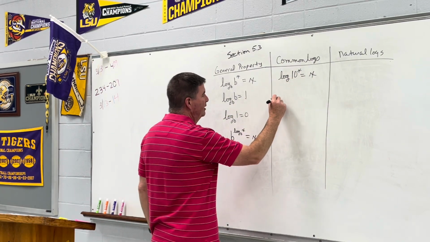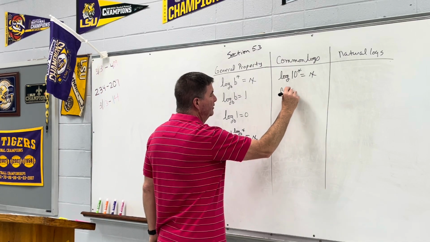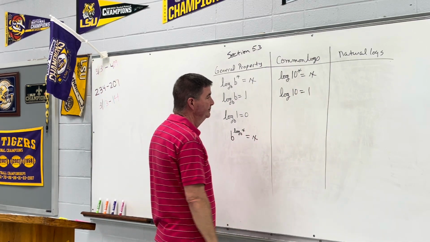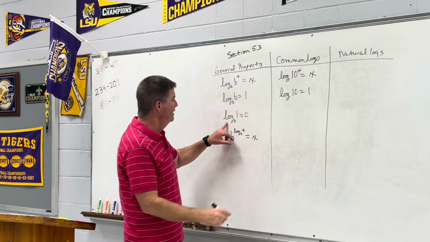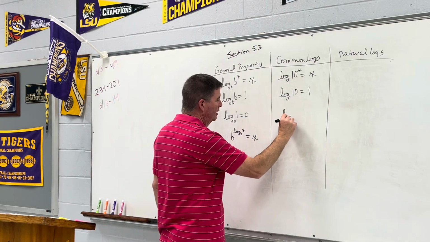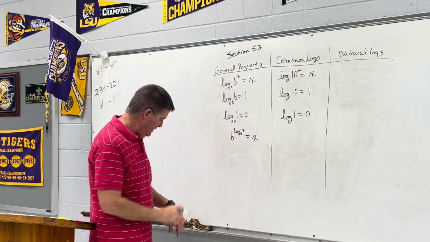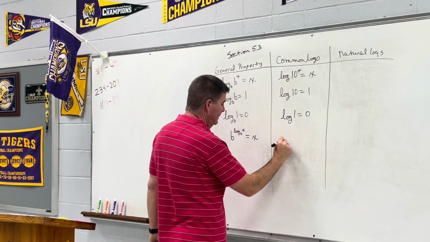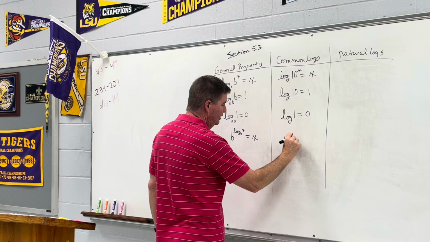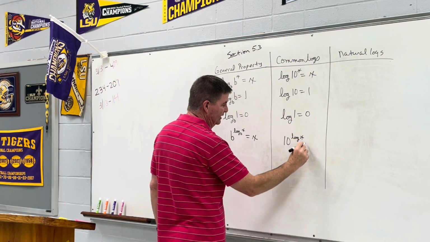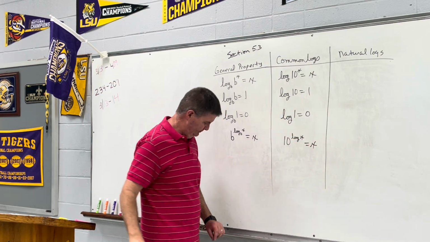In common logs, this would be log of 10 equals 1. This one would be log of 1 equals 0. And then finally, this would be 10 to the log of x equals x.